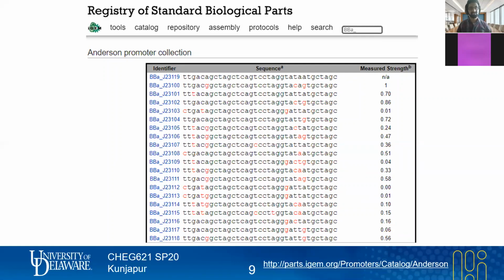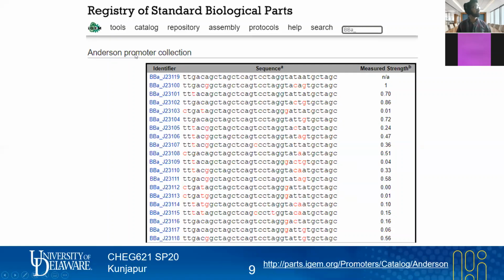And so this registry is both a physical registry and a digital registry. It's now been somewhat surpassed by the Addgene plasmid repository in terms of a physical repository, where people might store parts and plasmids. But Addgene has very good documentation. It's just not oriented as much towards specific categories of parts.